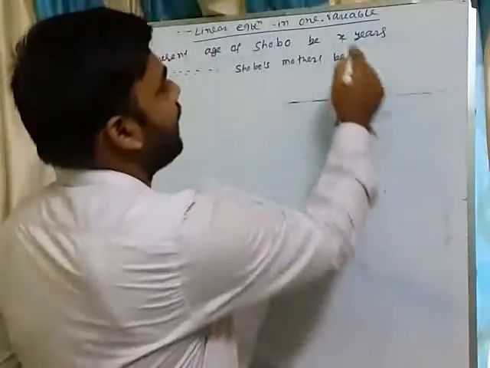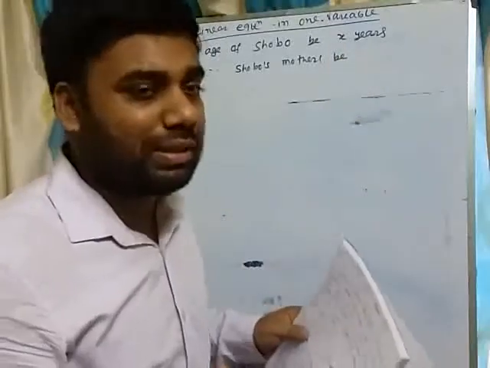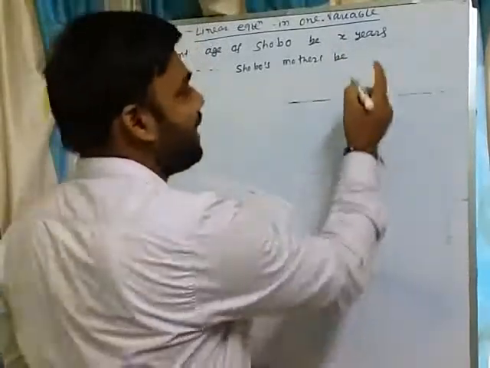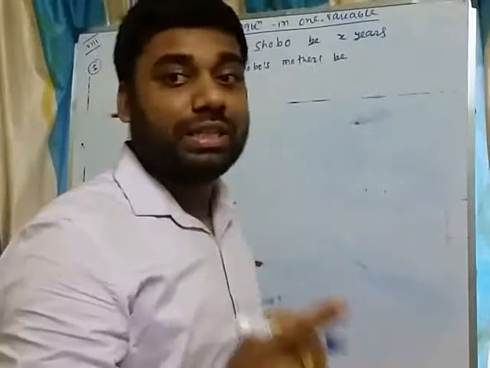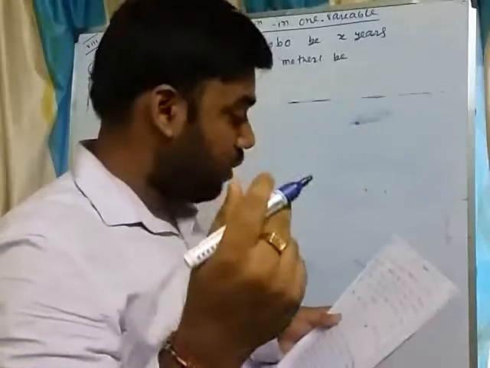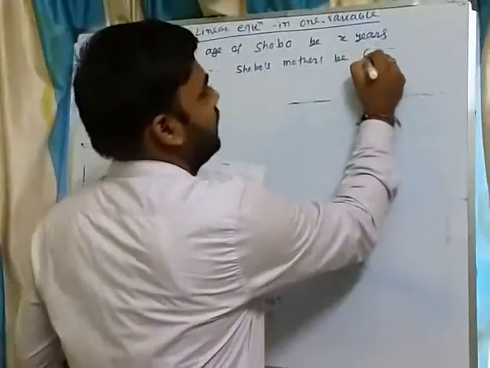Sobo's present age is x years. What will be Sobo's mother's age? According to the question, it is 6 times, that is 6 times Sobo's age, that is 6x years.